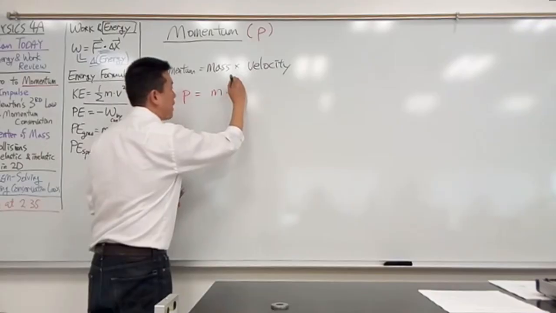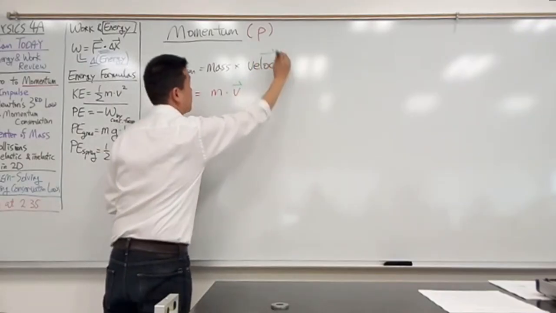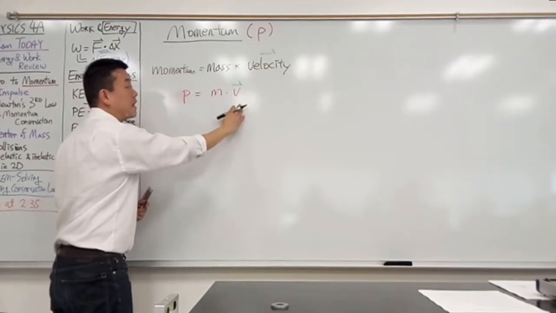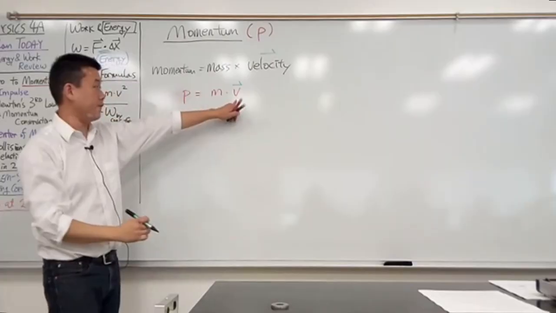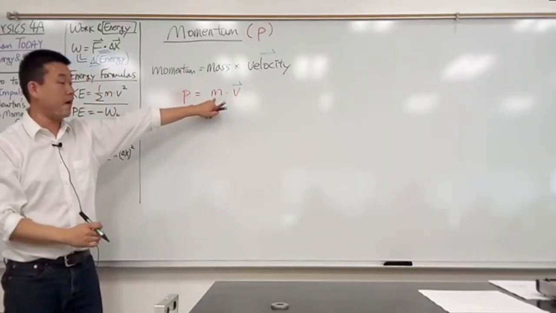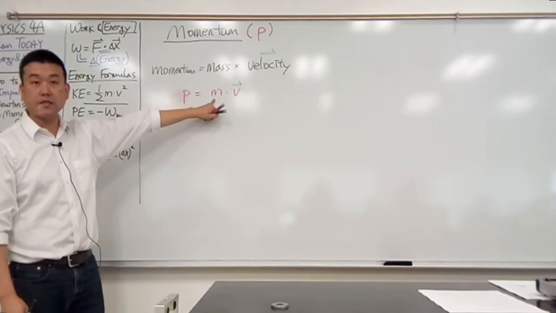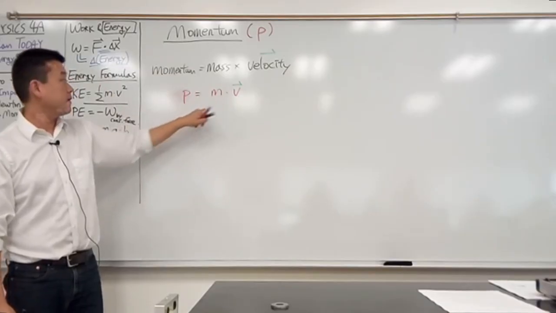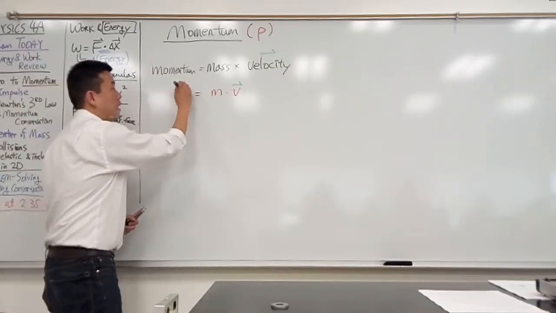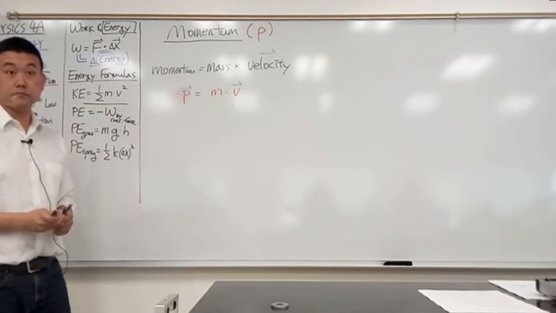So what you see on the right-hand side here is a scalar multiplication. You are taking a vector and multiplying it by a scalar. And if you recall the vector algebra that we were covering last time, that means momentum should also be a vector.